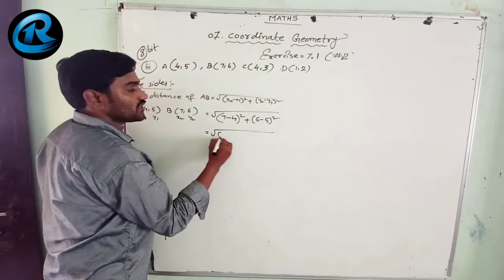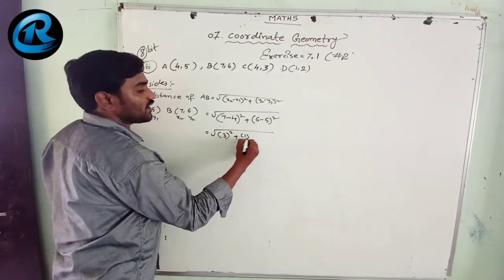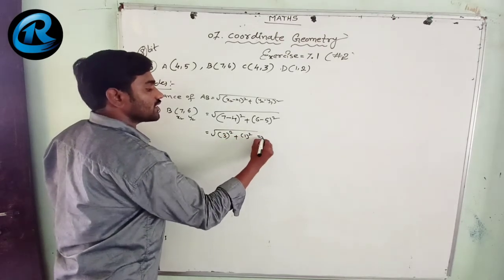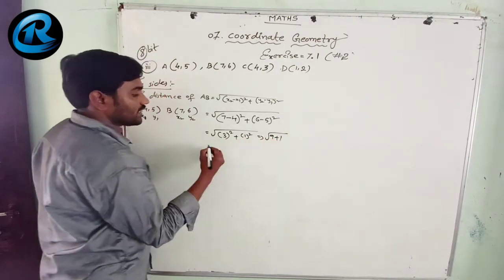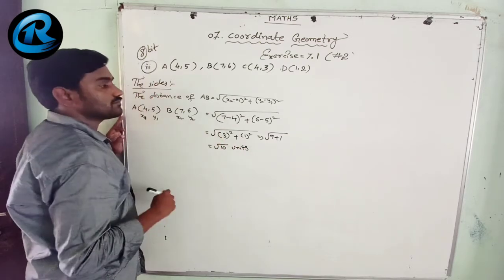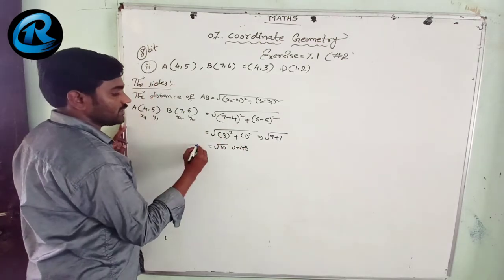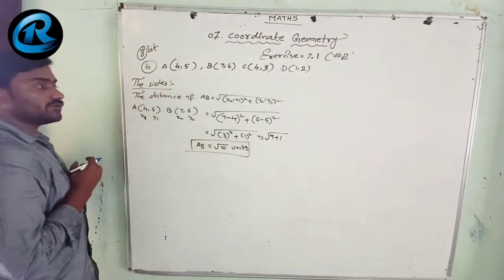So 7 minus 4 is 3, 3 square plus 6 minus 5 is 1, 1 square. That equal to 9 plus 1, that equal to root 10 units. That is the AB distance. AB side distance is root 10 units.